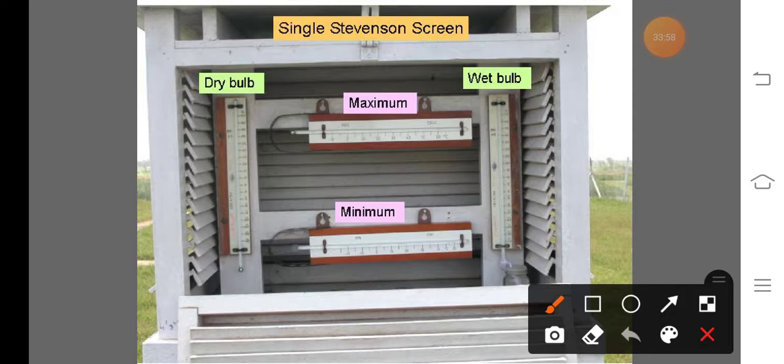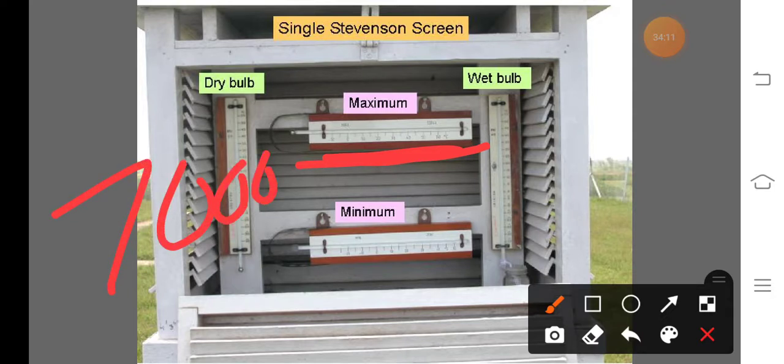Now we discuss the setting and recording of temperature, that is, how to set this thermometer and the time of setting. This thermometer is set in the morning at 7 o'clock Indian standard time. At local time it is a different time of setting.